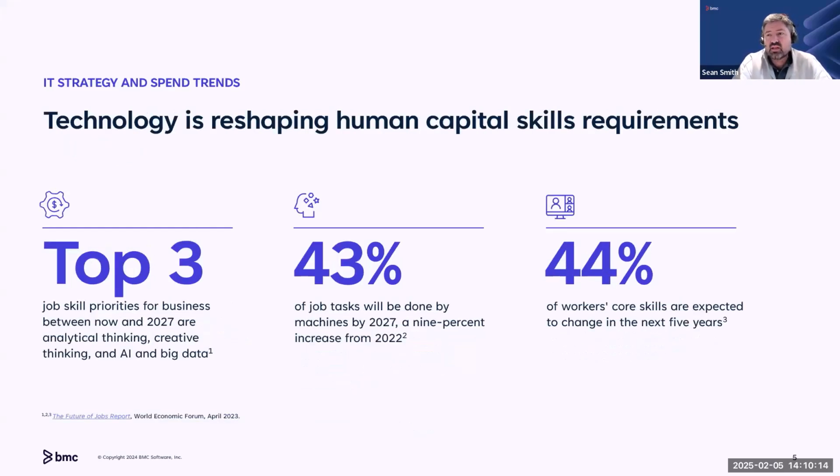If we have a look at this World Economic Forum white paper, some of the skills that are going to be needed for future jobs, again, if you look in the top three on the left-hand side there, it's all around analytical thinking, creative thinking, AI and big data.